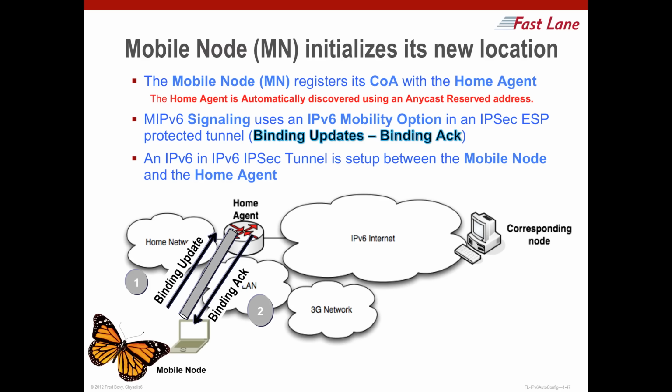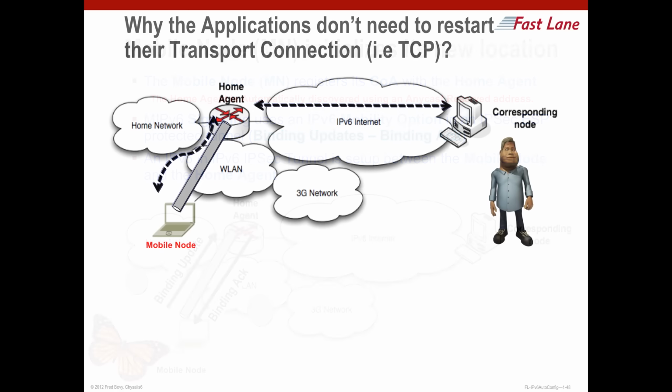It has nothing to do with the transition to IPv6 tunnel, and it is an IPsec tunnel. And basically, once this tunnel is established, the home agent is going to intercept all the traffic to the mobile node.